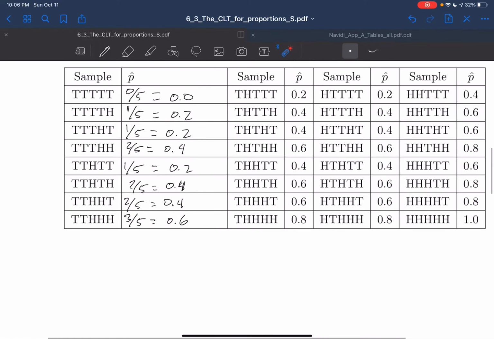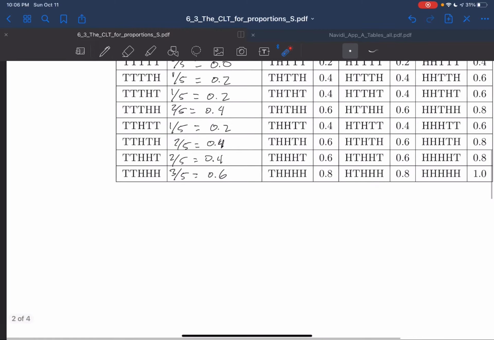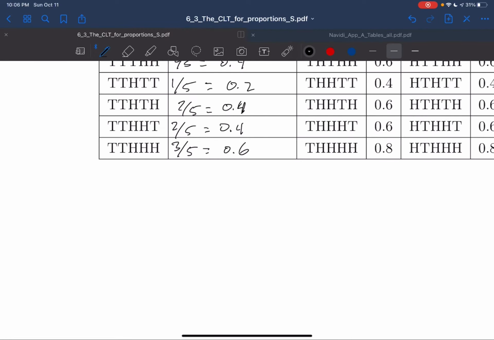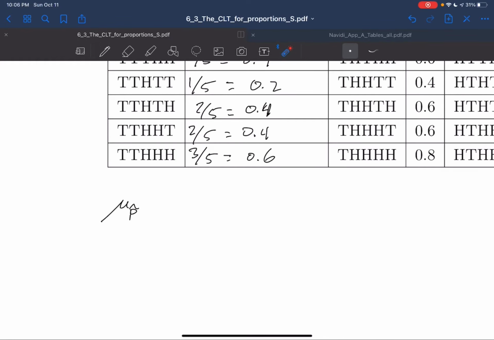So then the question is, what happens if we take the mean of all these sample proportions? Like last time, we're going to treat this like it's our population, and we're trying to compute the population mean of all these sample proportions.